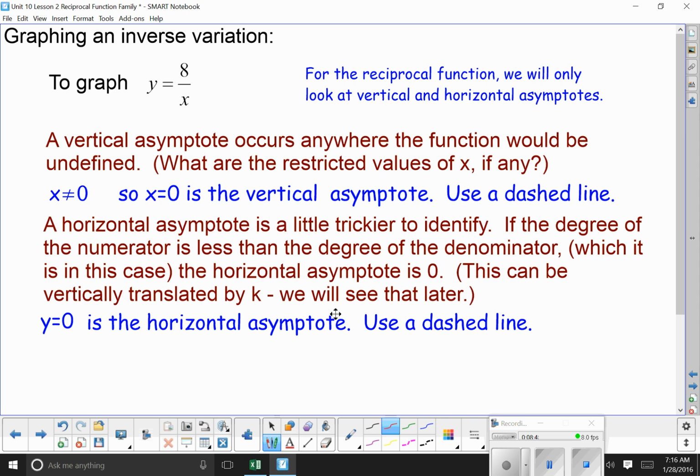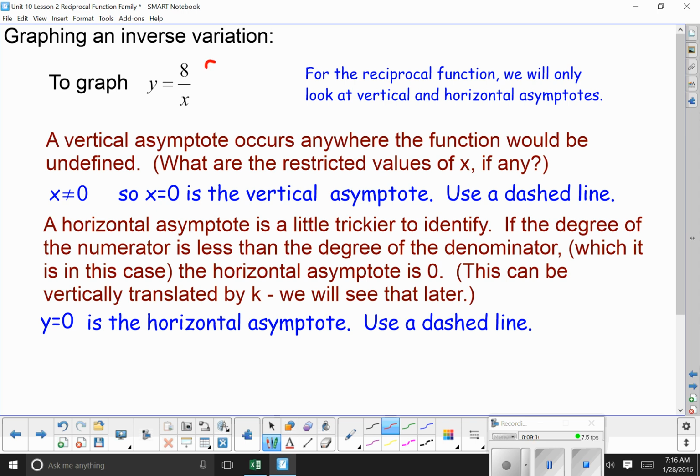A horizontal asymptote is a little trickier to identify. If the degree of the numerator is less than the degree of the denominator, which it is in this case, the horizontal asymptote is 0. This can be vertically translated by k. We will see that in just a little bit. So here, y equals 0 is the horizontal asymptote, and we use a dashed line.